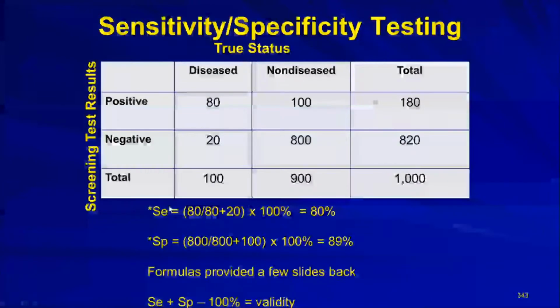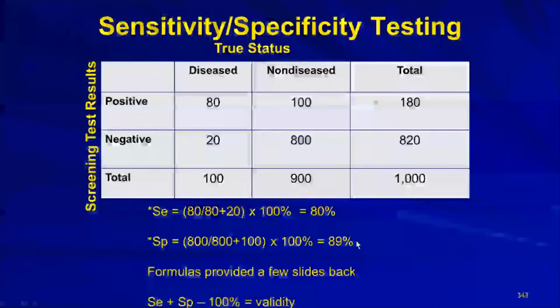Specificity, and this is how they're abbreviated, specificity of the test, we're going to go 800. Now here's where people usually make mistakes. They don't take the true negatives. What they do is they take the false positives. Because they took this value to arrive at sensitivity, they want to take this value to arrive at specificity.